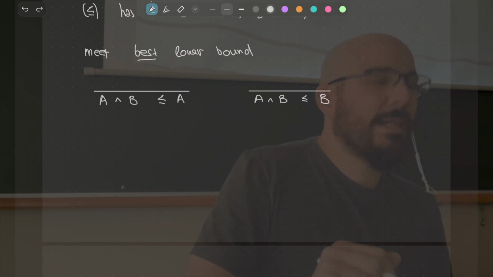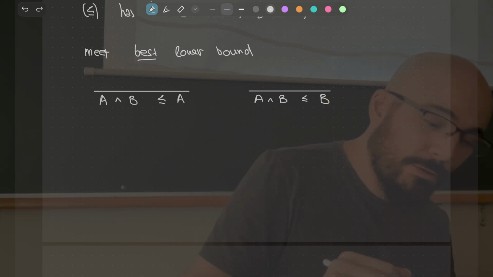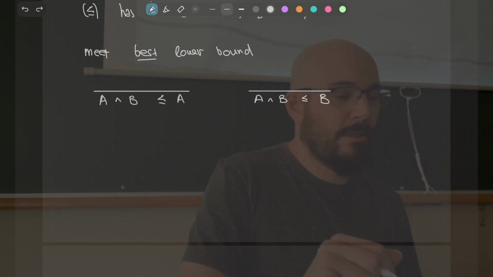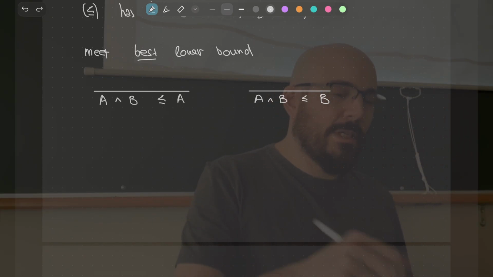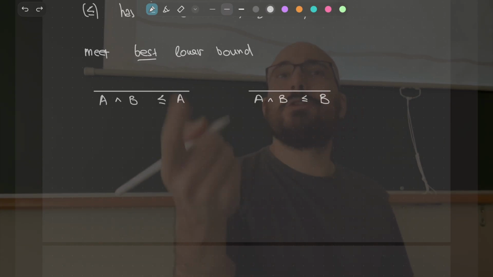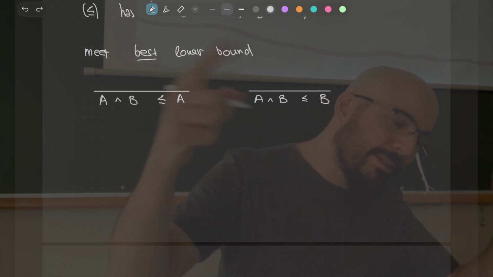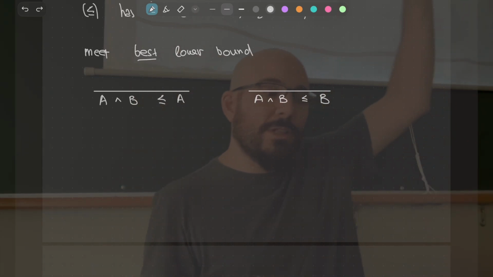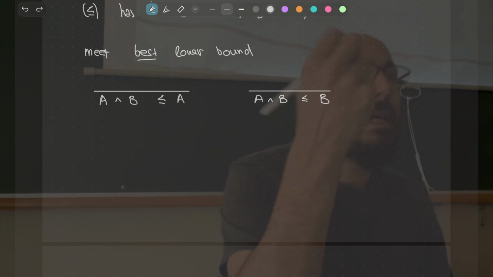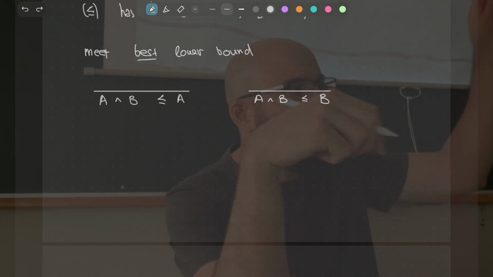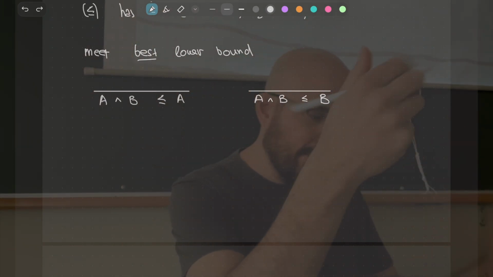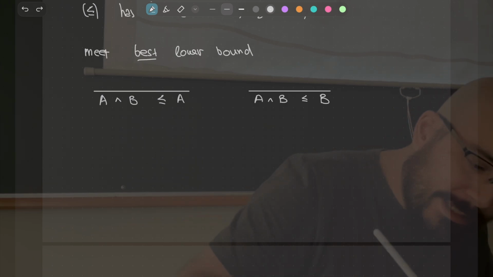Usually you don't see the word best here, but you see which word? Greatest, okay? Which can be a synonym in English, but it's not used like a synonym. If you think of it as a greatest, please think of the greatest as in the sense of best and not in the sense of bigger. Because best in certain contexts means big and in other contexts means small, okay? So what does it mean?